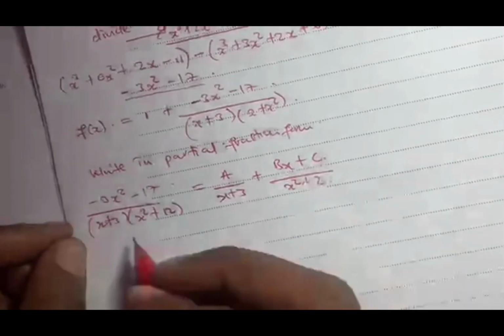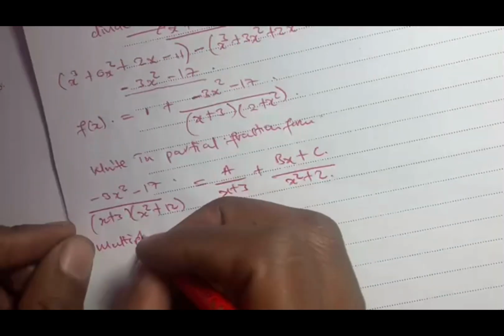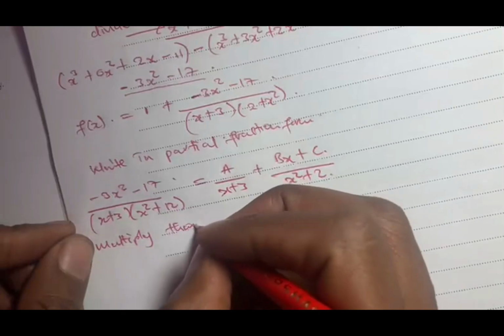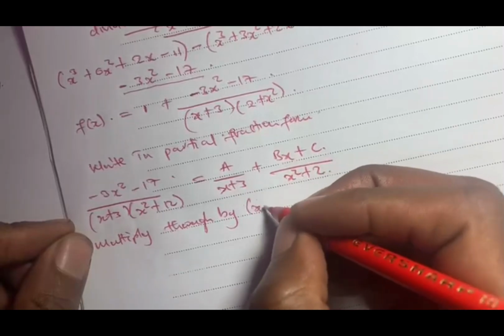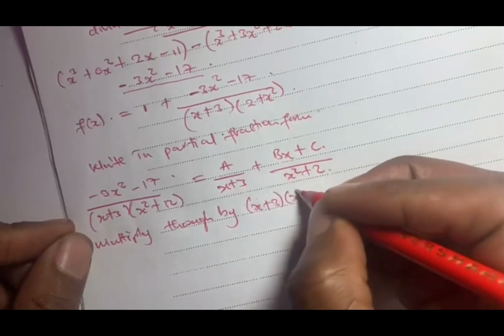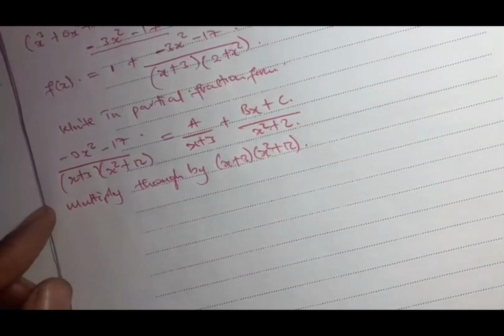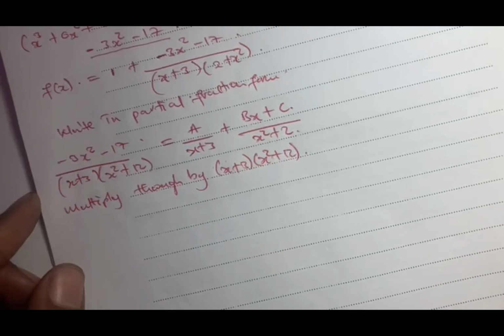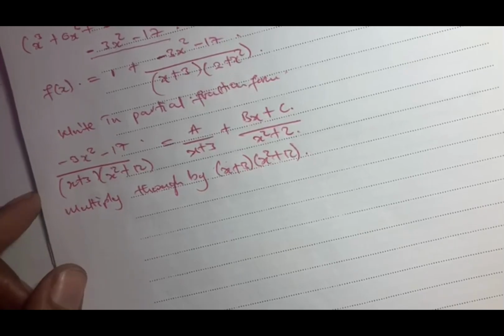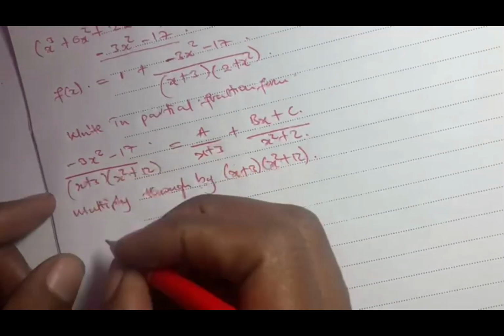Then I multiply through by x plus 3 times x squared plus 2. That will clear out the denominators.